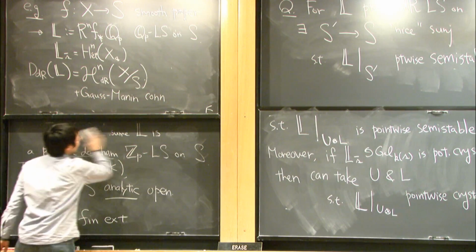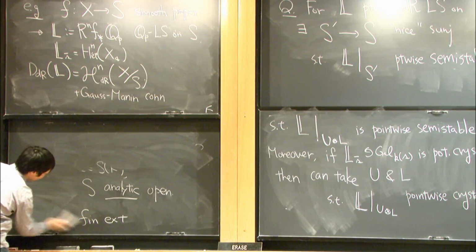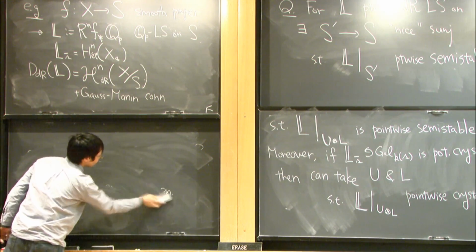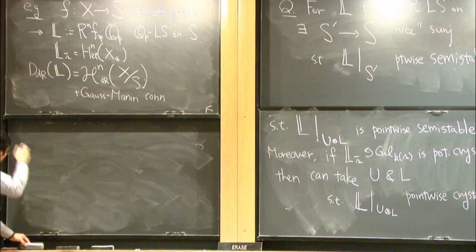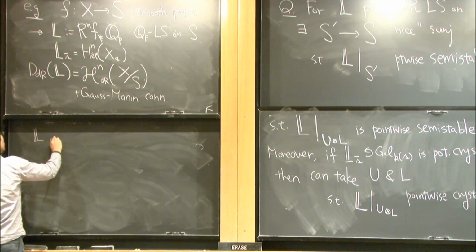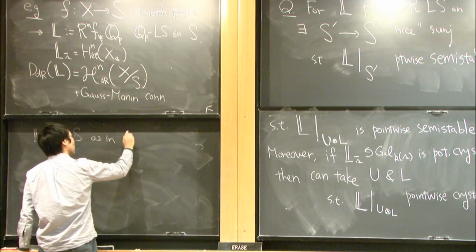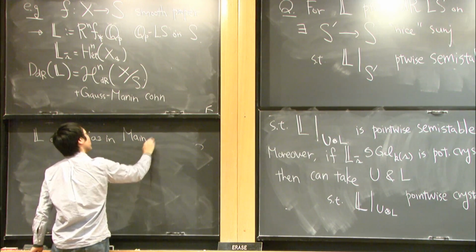So let me write this out. Let's say L on S is as in the main theorem, namely a pointwise de Rham local system.